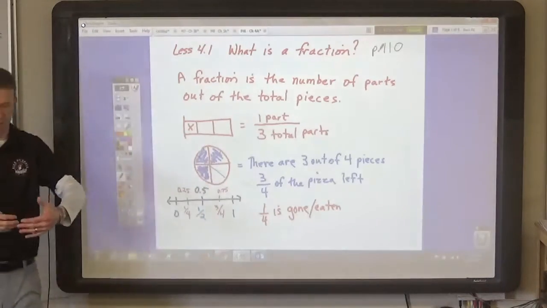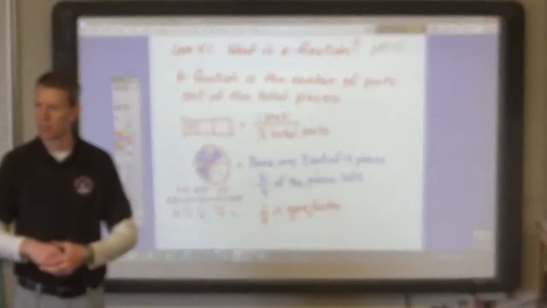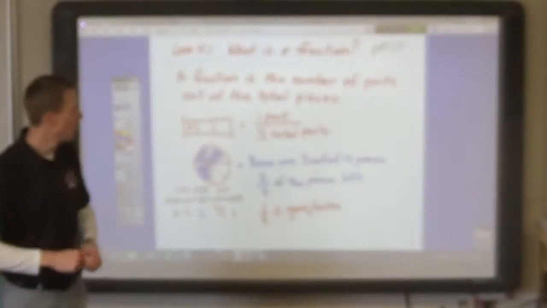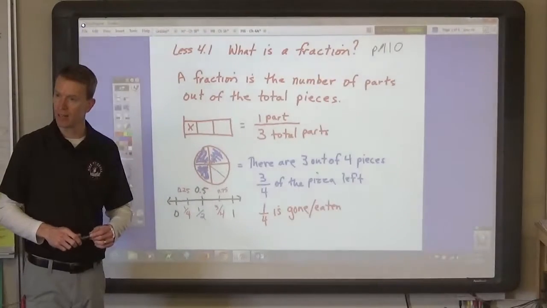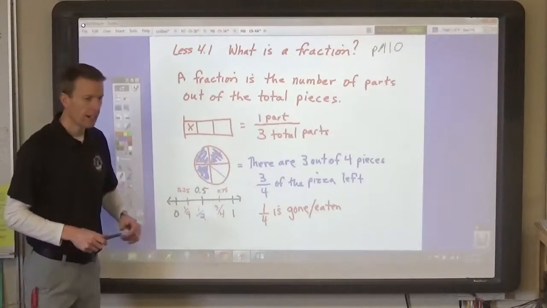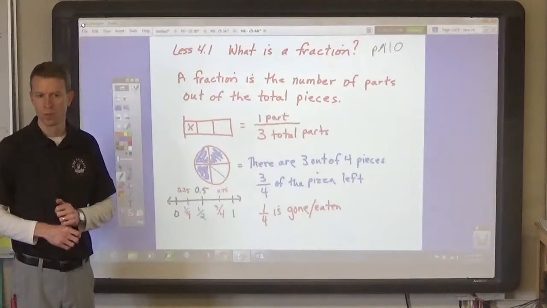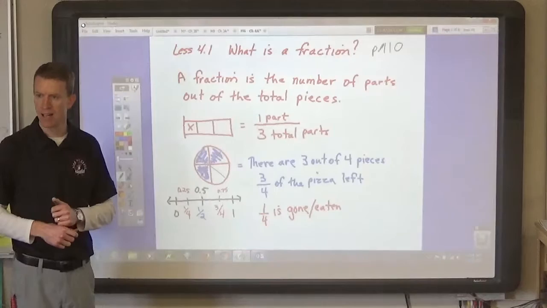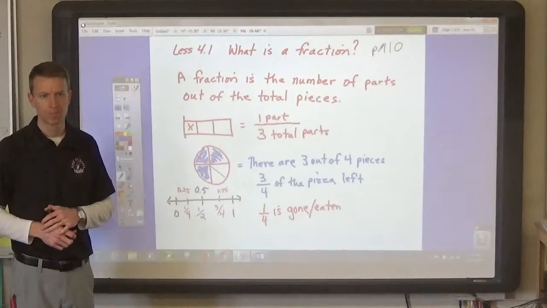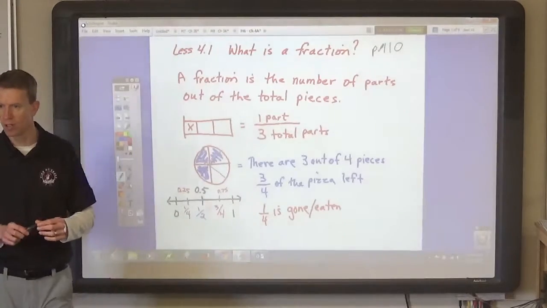Now, you can also get an idea, based on the denominator, of how big the pieces are. So if you think about a regular sized pizza, and if it was cut into fourths, those pieces would be pretty big, right? What if it was cut into sixteenths? Would those pieces be the same size? Would they be bigger or smaller?